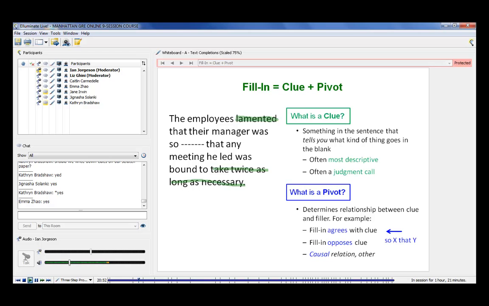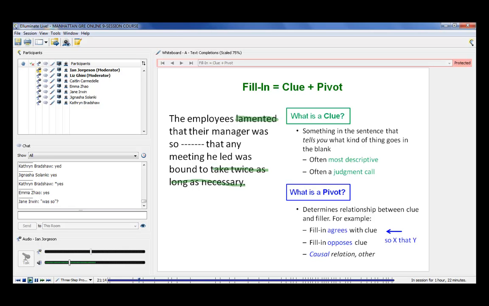And this is really what a pivot is, and I just sort of gave it away there. It determines the relationship between the clues and the blank. And then we might have something that agrees with it. And yeah, what does the word so here mean?